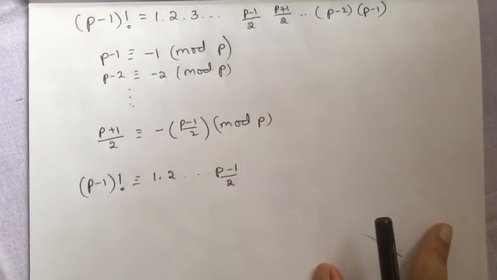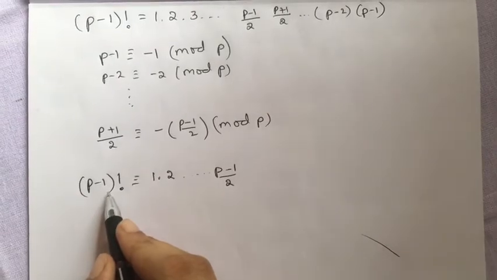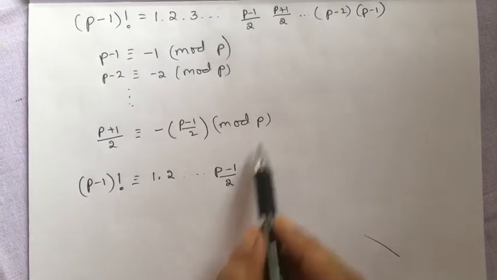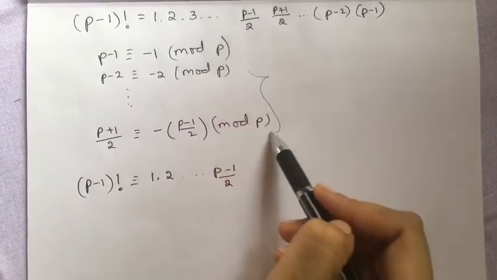Okay, I'm rearranging these factors and writing (p minus 1) factorial as 1 into 2 up to (p minus 1) by 2, and these are congruent to these values.